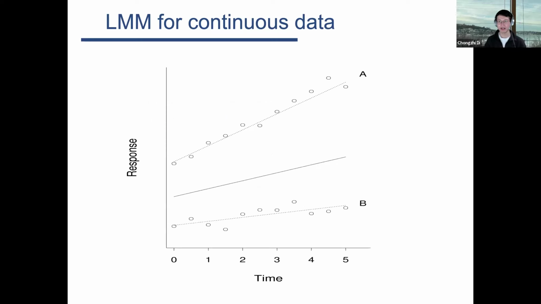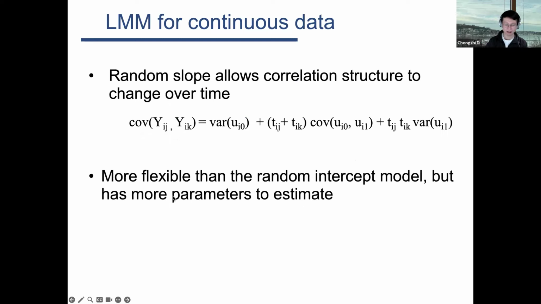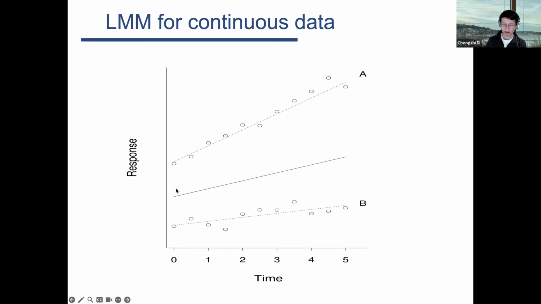Now the visual representation of what this model means is here. This line again is the population average growth curve, with some intercept and slope.